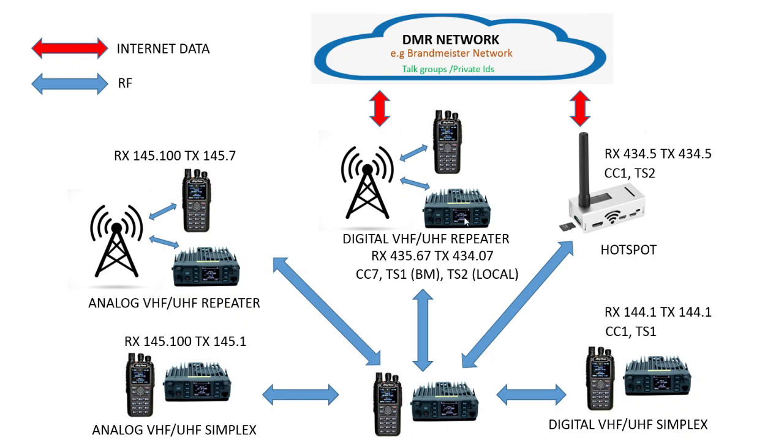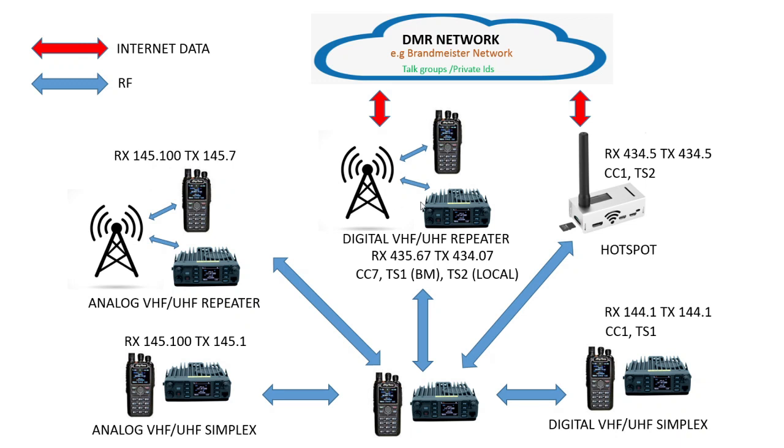Now, similar to the digital repeater, the hotspot also needs to be configured with RX frequency and TX frequency. But since I have a simplex hotspot, both the frequencies are the same. So my radio transmits to the hotspot using 434.5 and receives from the hotspot with 435.5.